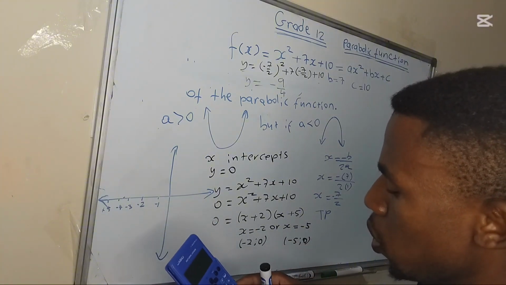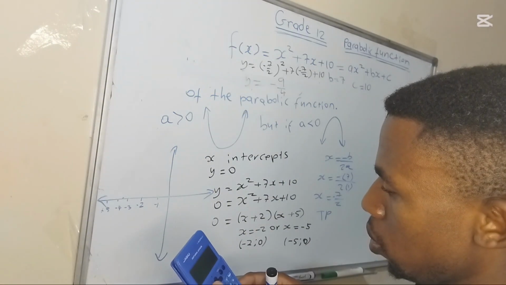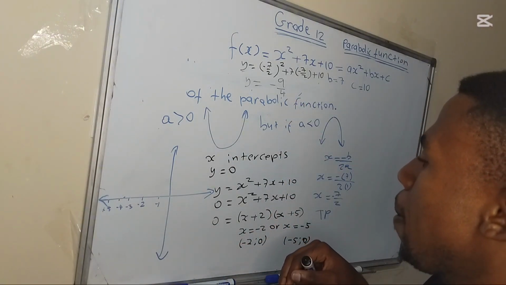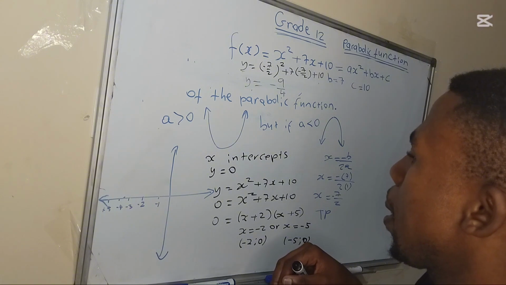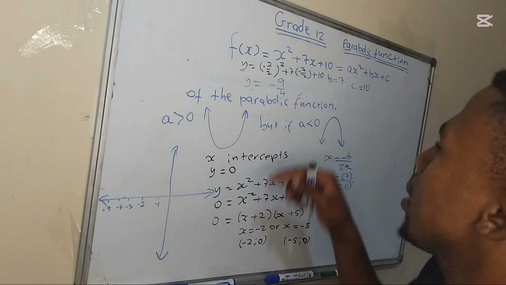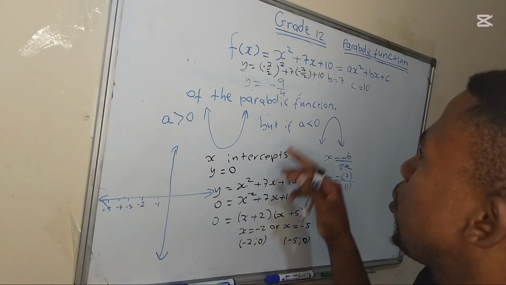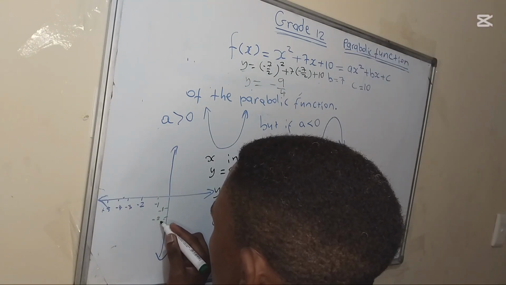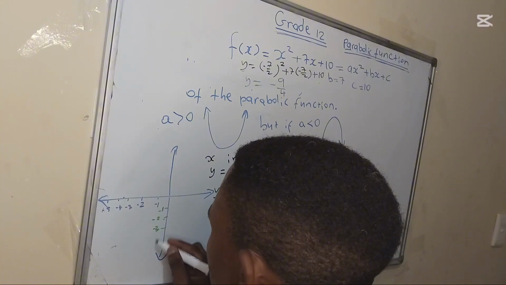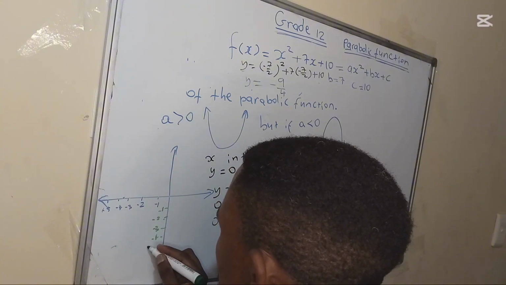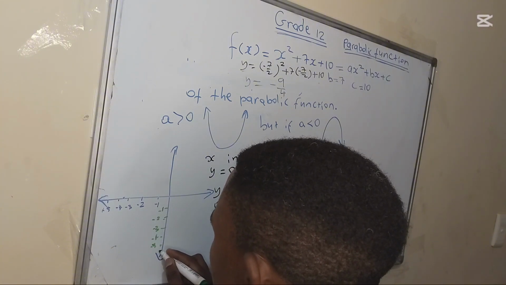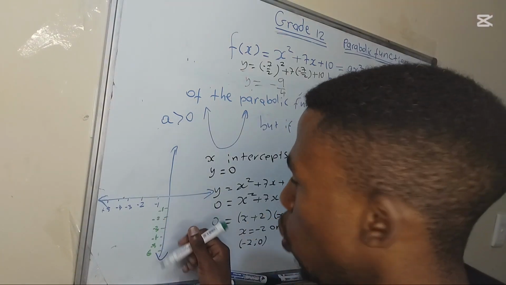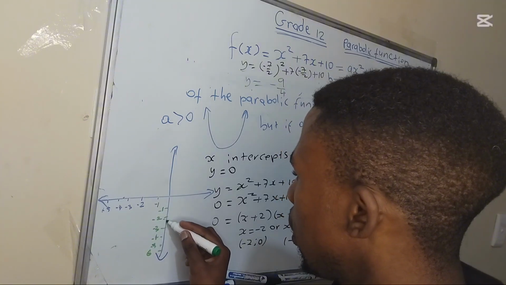Our y is equal to negative 9 over 4. Negative 2,25 is somewhere here.